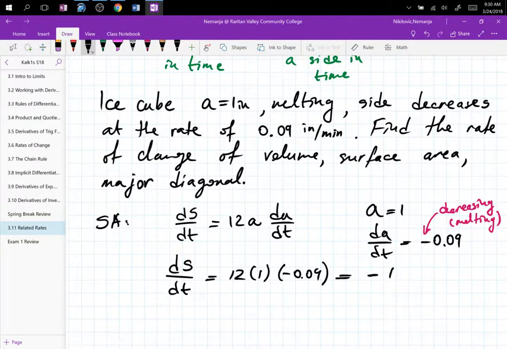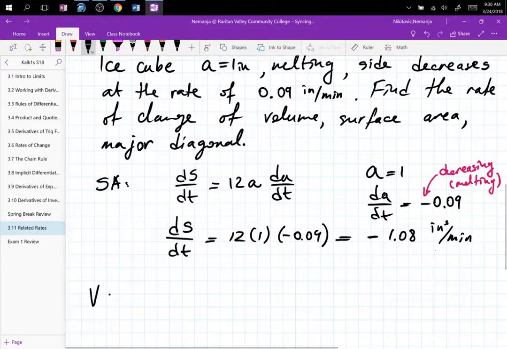So we have negative 1.08. And now the units for this are inches squared per minute, because it's area, and area is squared. So we see the minus, which means it decreases. And that makes sense, because if the side is decreasing, well, surface area better be decreasing with it. And it does. It's a minus there.